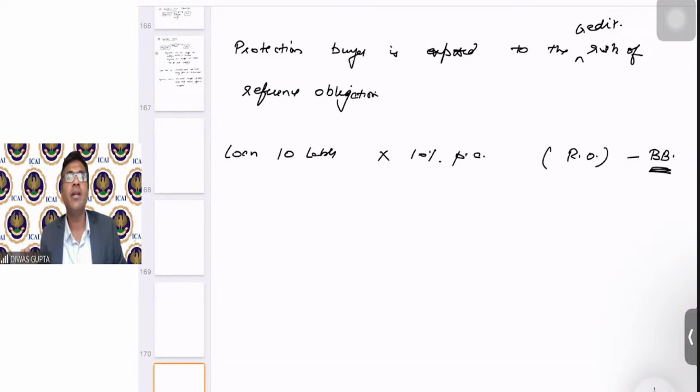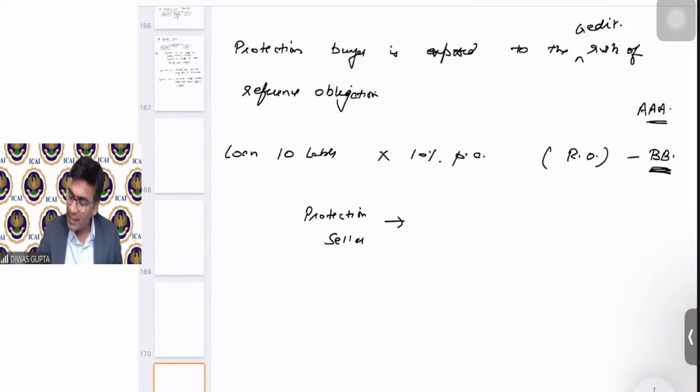Double B rated means that there is a risk of default. There is a high risk of default because triple A is always best. So if it is not triple A, it is double B. So let me go to a protection seller and tell them that in case this A Limited defaults, then you pay me the defaulted money.